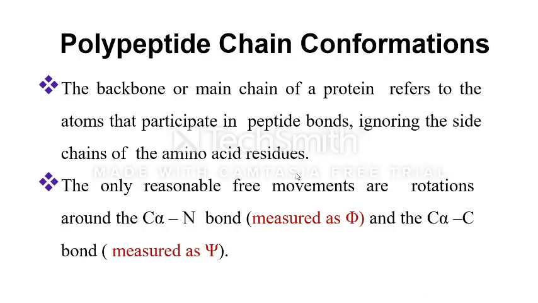So the polypeptide chain conformations: the backbone or the main chain of a protein refers to the atoms that participate in the peptide bond, ignoring the side chains of the amino acids.